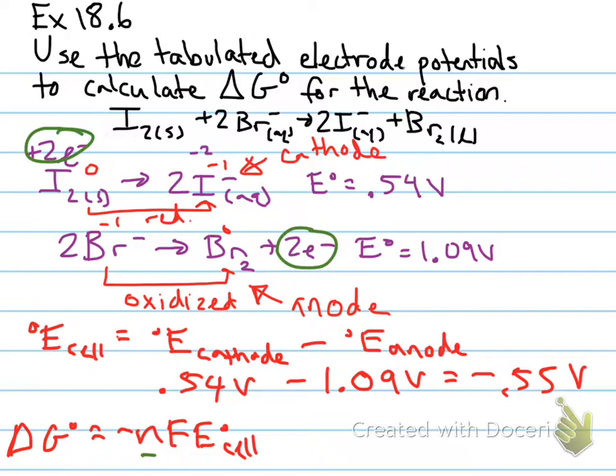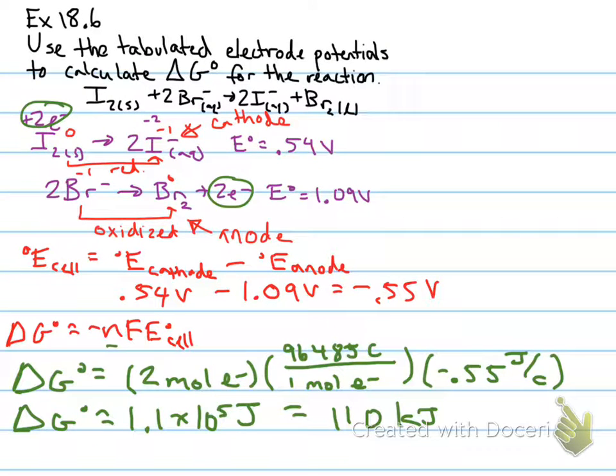F is, again, our constant, 96,485, and we just calculated our E cell. So our delta G, our Gibbs free energy, is equal to positive 110 kilojoules, which means that this reaction, again, is not spontaneous.